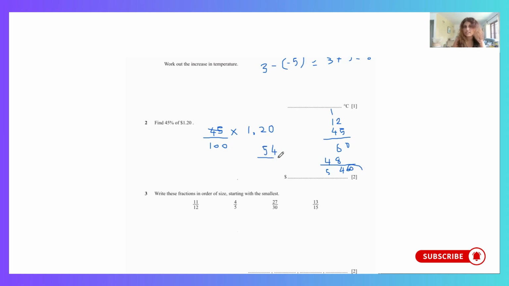But don't forget, we just multiplied these two, but we need to divide that again by 100. Dividing a number by 100 is very easy. What you have to do is just keep two decimal places for your answer. So if I keep two decimal places, my answer will be 0.54.